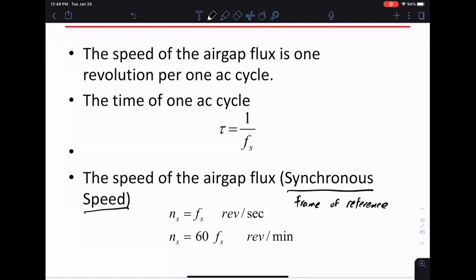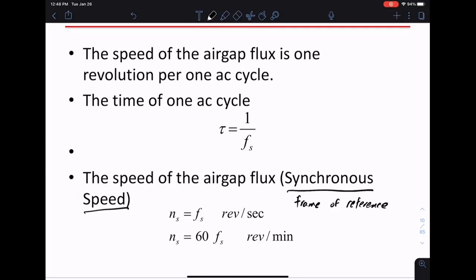You're going to think of a machine turning at synchronous speed as a machine that consumes zero power. It's operating at equilibrium. It's not consuming power, it's not generating power.